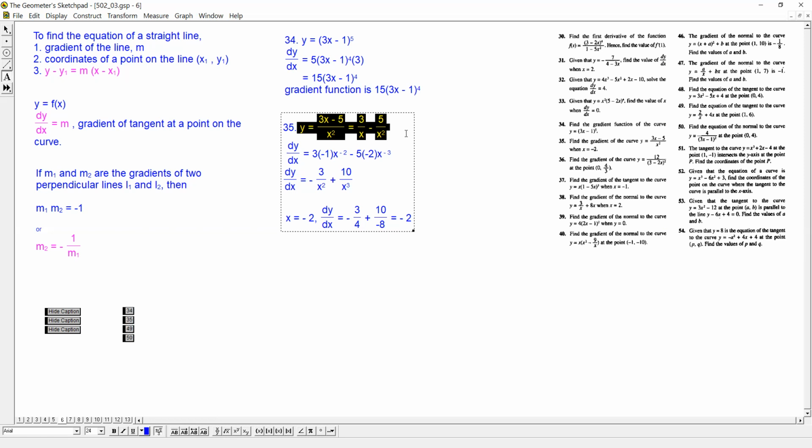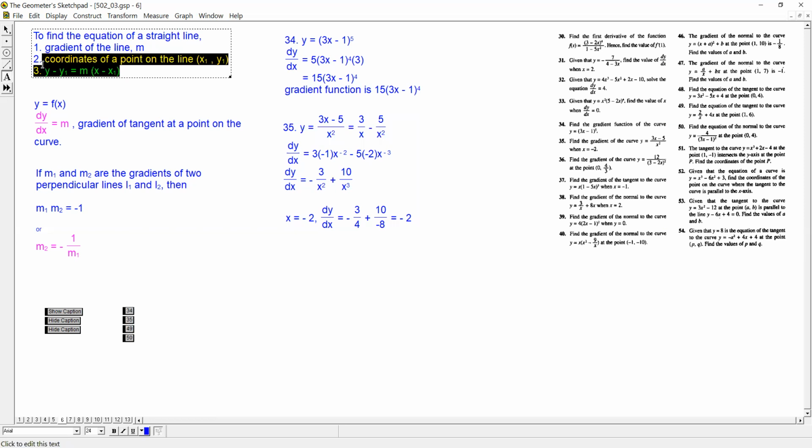You don't substitute into dy dx. You substitute into the original y. And with that, you know a pair of coordinates. So this pair of coordinates is used to find the equation of tangent. But in this case, no need yet.